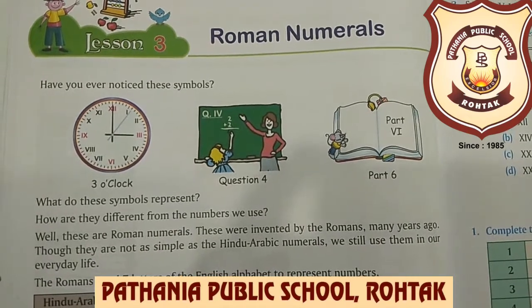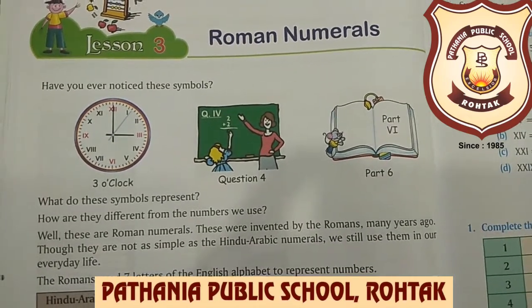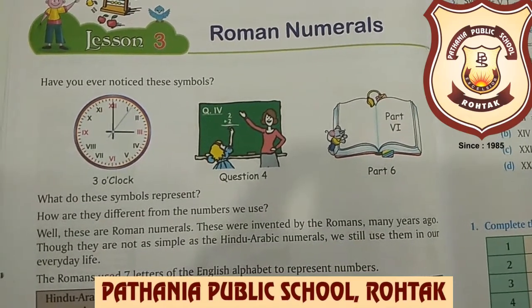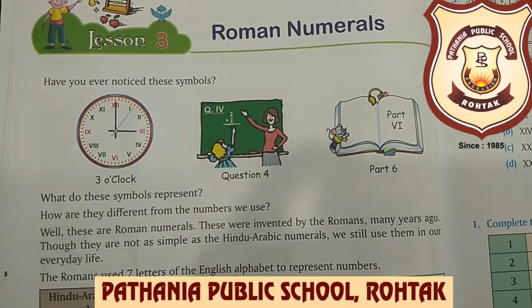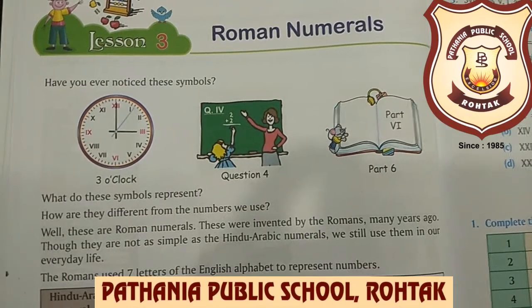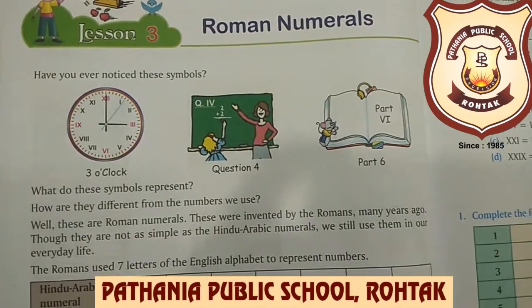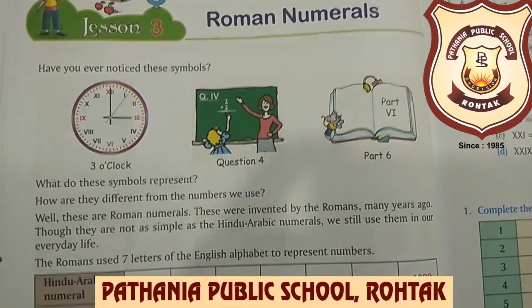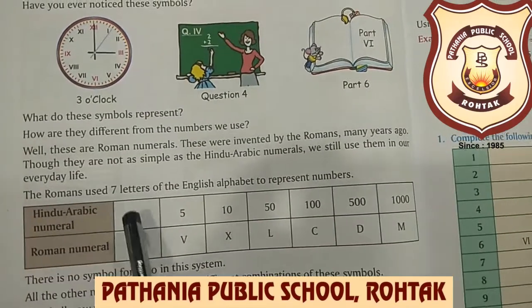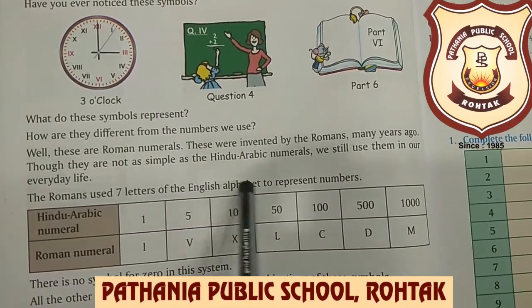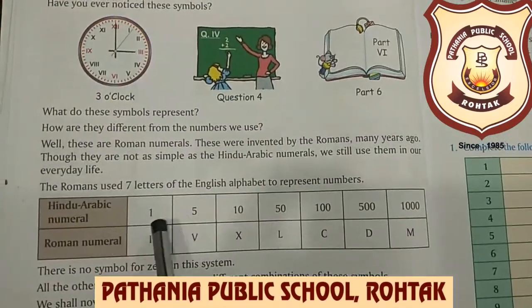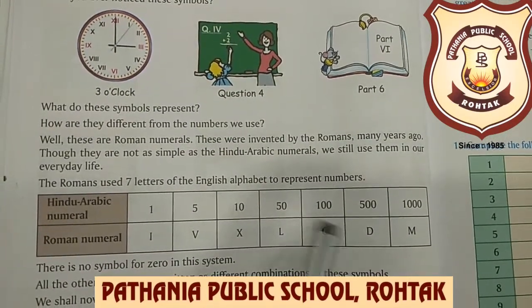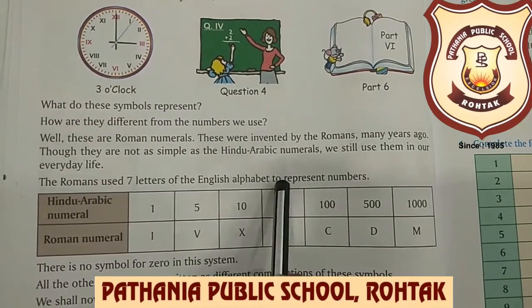The counting we use in our day-to-day life. They are not as simple, but we still use them in our everyday life. The Romans used 7 letters of the English alphabet to represent numbers.